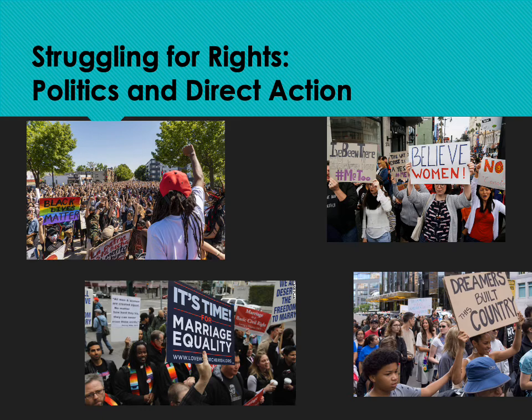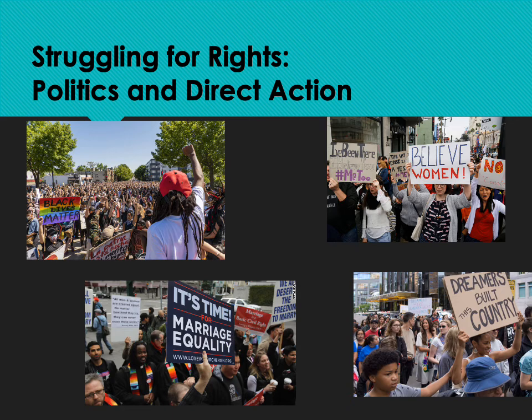But there's been a move called DACA, which stands for Deferred Action for Childhood Arrivals. Basically it says that if you came to the United States as a child, you should not be removed from the United States, and you should begin to have a pathway towards citizenship.